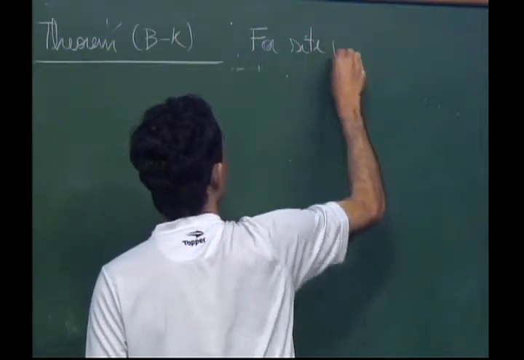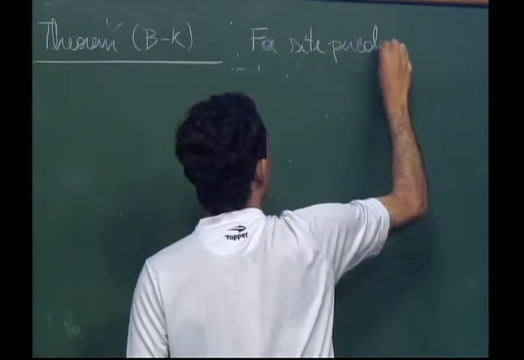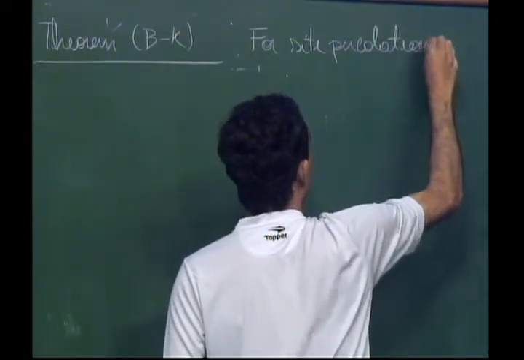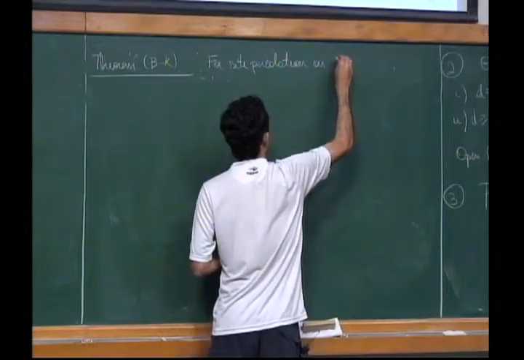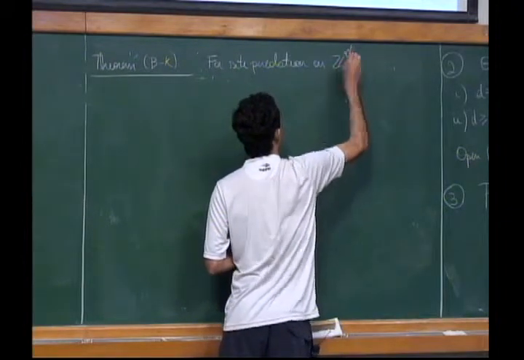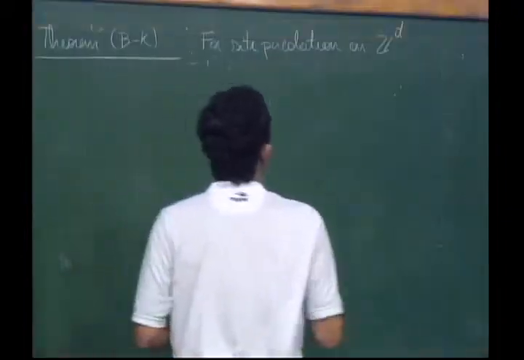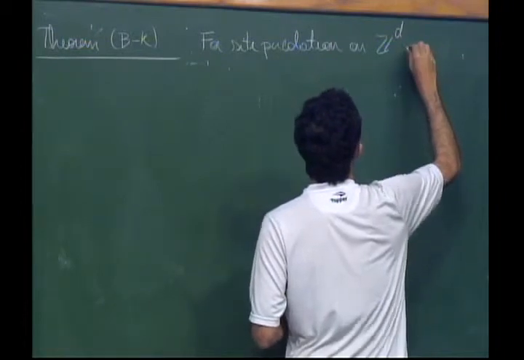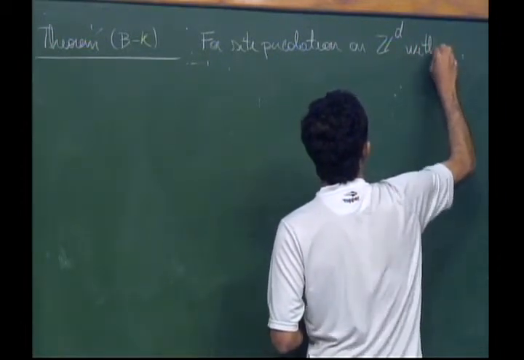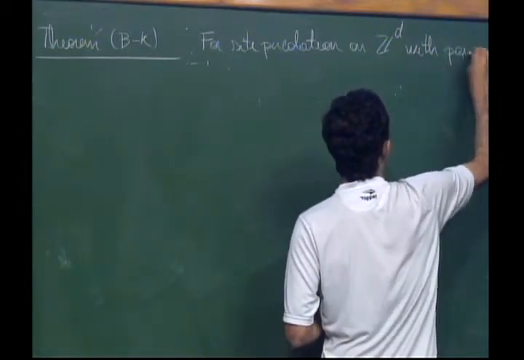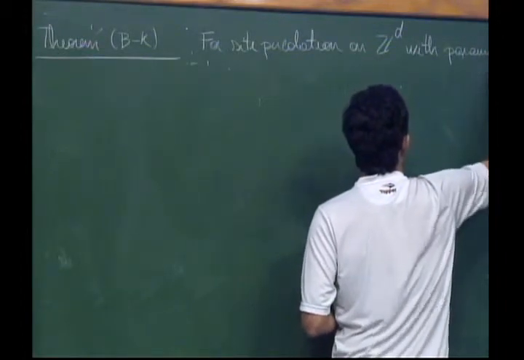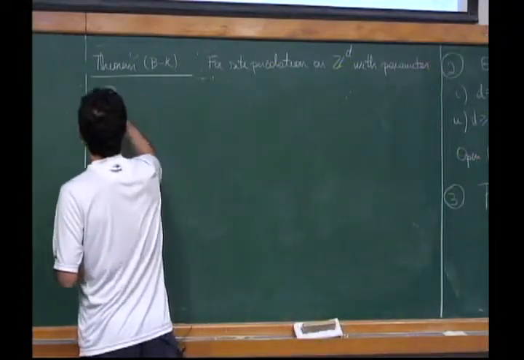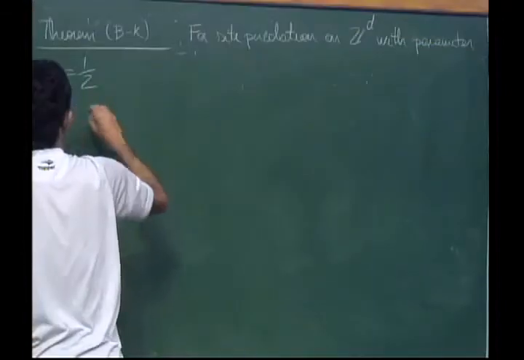Site percolation on Z^d with parameter p equal to 1/2.